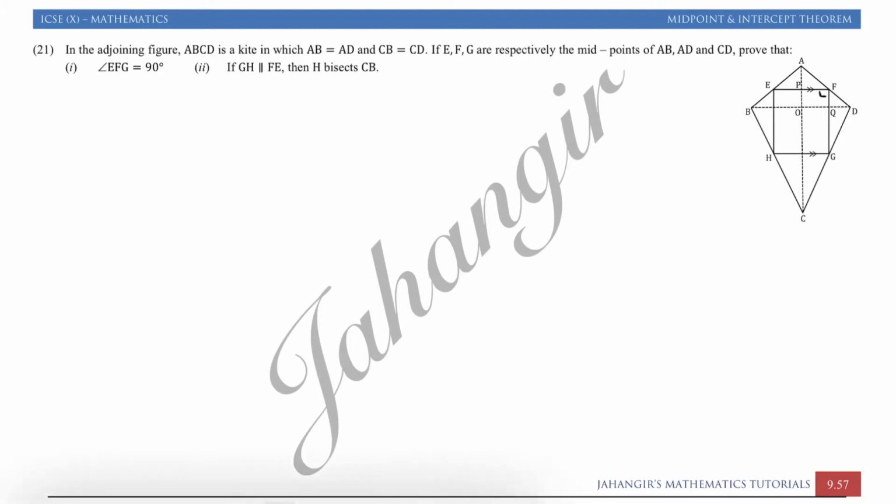So let me draw a kite. This is a kite in which adjacent sides are equal. This side is equal to this. What they had given, E, F, G are the midpoints. So first I will join this line.